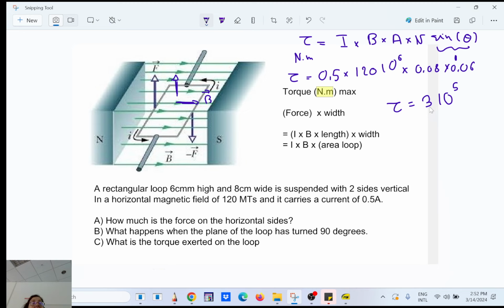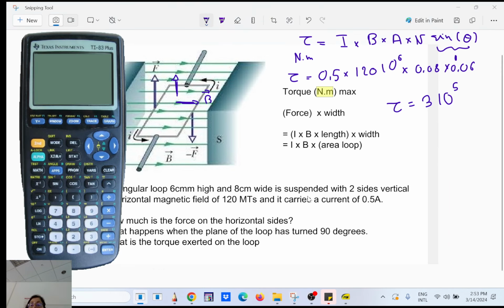What did you find? 3 times 10 to the... Yeah, you're right. It's a 10 to the 5th. So 2.8 times 10 to the 5th. Okay.